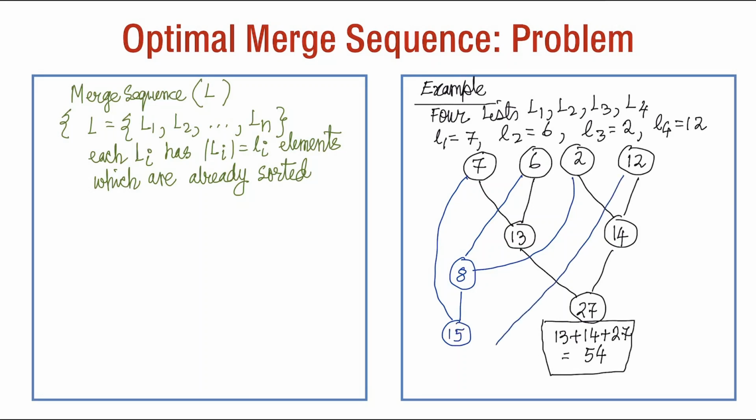Then let us combine it with the remaining one and we have got 27 elements. The total computation was 8 plus 15 plus 27, which gave 50 comparisons.